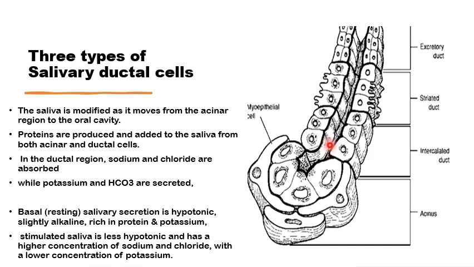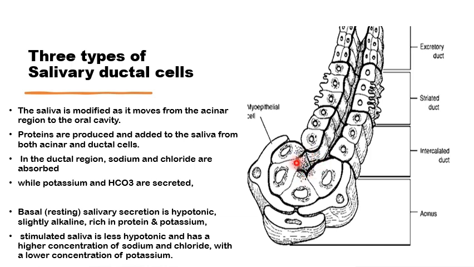It becomes eventually hypotonic. Most of the sodium and the chloride are absorbed in the ducts, and more potassium and bicarbonate are added to the saliva, and some protein from the intercalated part of the duct system.